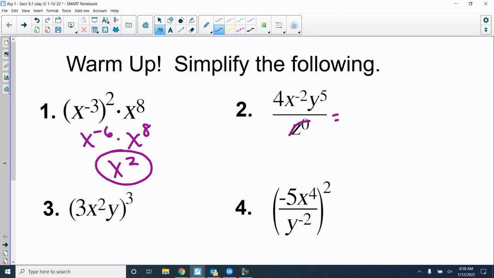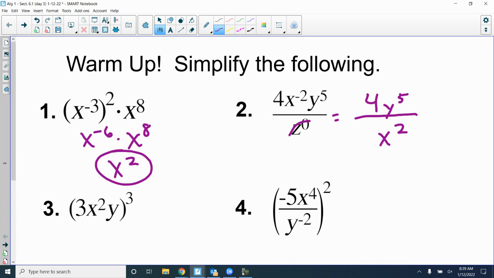I got to get rid of that negative 2, and it belongs to the x. So what do I do with it? Put it on the bottom. So what's on the top? 4. X is down at the bottom. Y to the 5th. Okay? That's it right there.